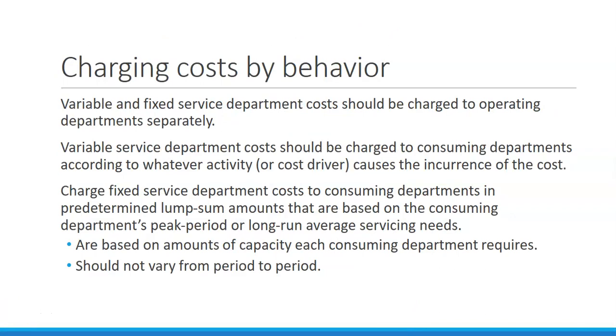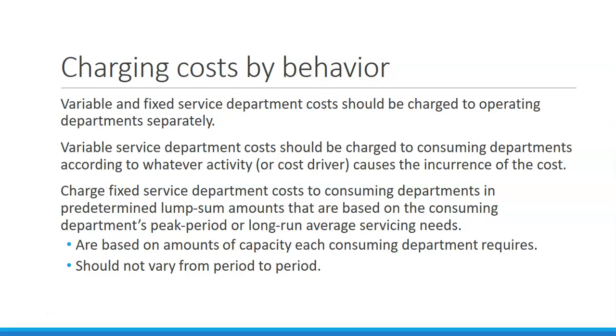Variable and fixed service department costs should be charged separately, because their behavior is different. Variable costs change in relation to activity, while fixed costs remain the same within the relevant range. So we should use whatever activity or cost driver causes the incurrence of the cost. For example, if we are a maintenance department that fixes our machinery, then machine hours would be a relevant cost driver.